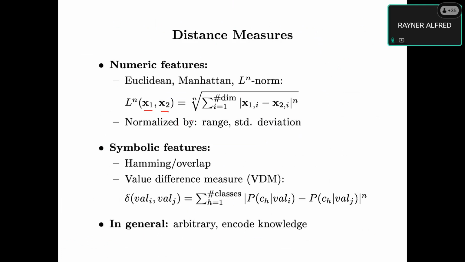For each item in the vector, we find the differences, and then we take the power n. For Euclidean distance, n is equal to 2. So in this case, we take the square, add up all the squared differences, and then take the square root. For the Manhattan block distance, n is equal to 1.